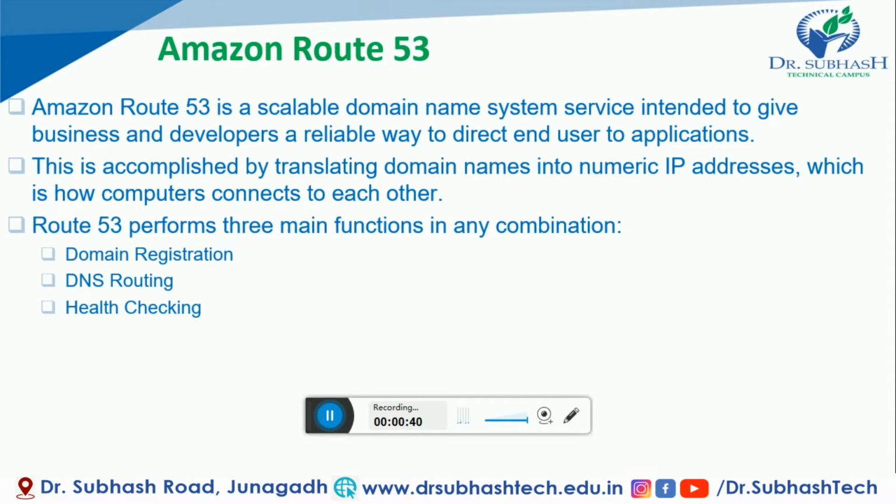Its service is intended to give a business and developers a reliable way to direct end users to the applications. This is accomplished by translating domain names into numeric IP addresses, which is how computers connect to each other.